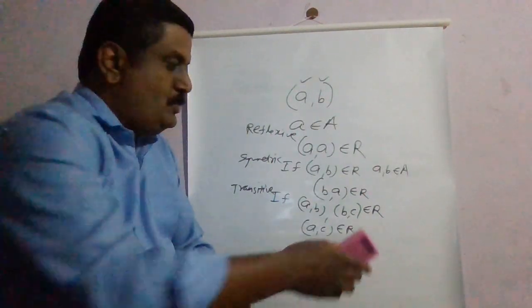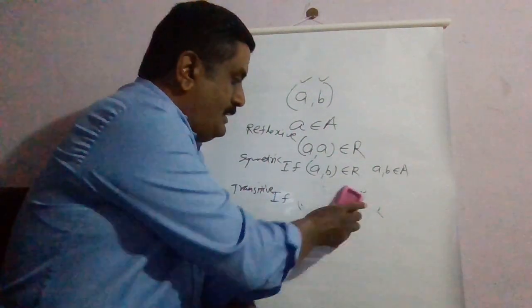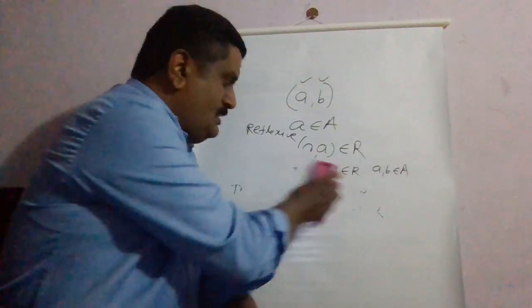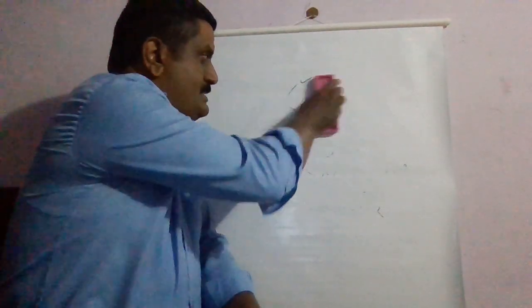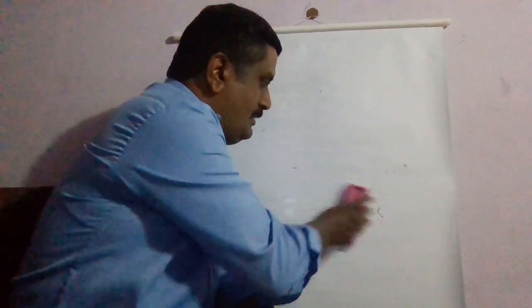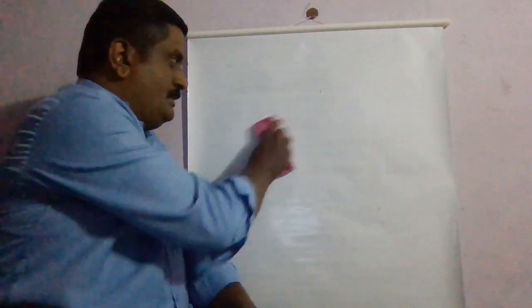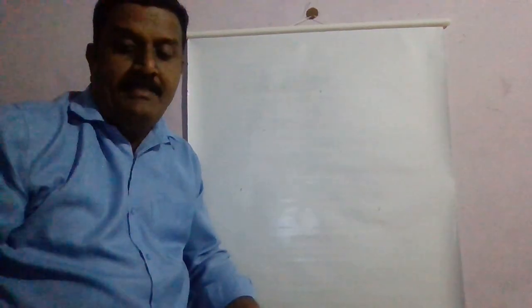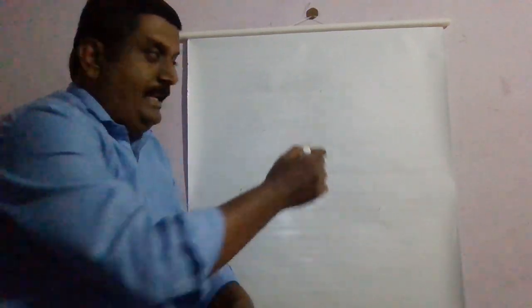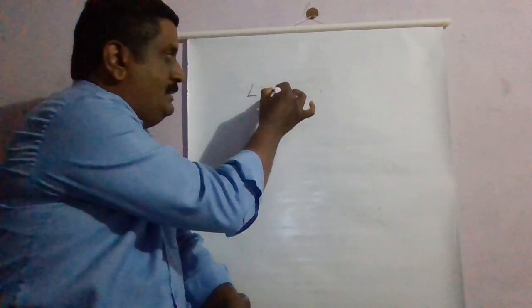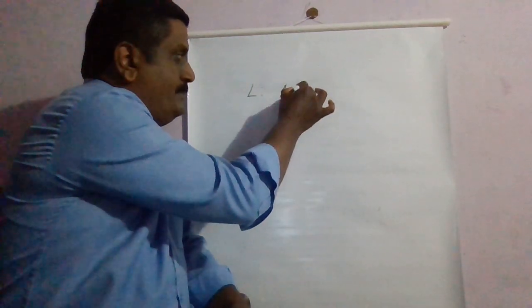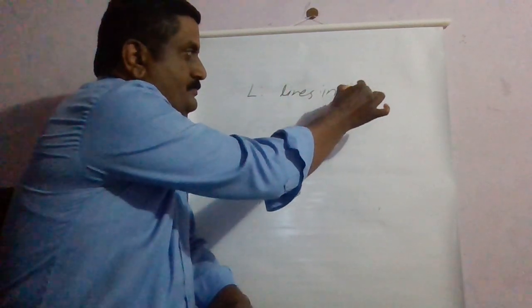First we'll consider a relation R defined on the set of all lines in a plane. That is, the relation R is defined on a set L. This L is nothing but the set of all lines in a plane.